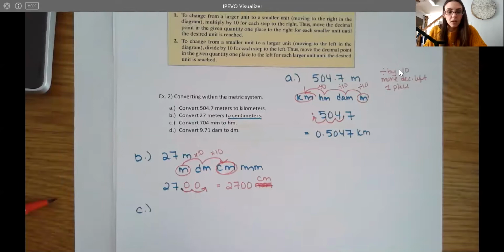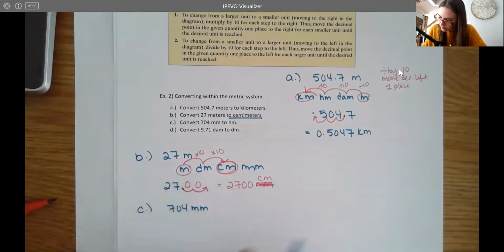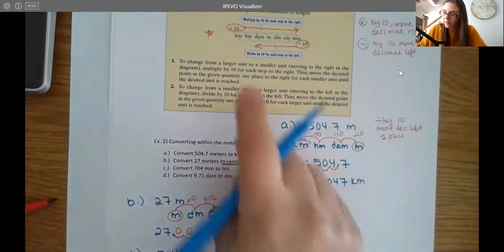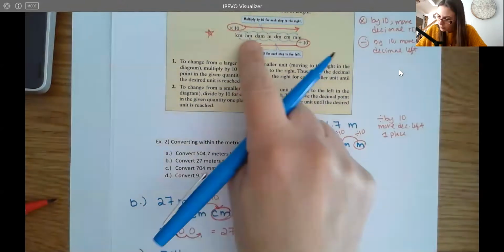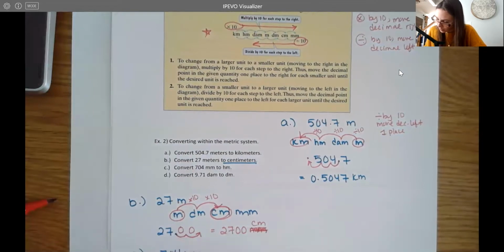Next, I'm going from 704 millimeters to hectometers. The big thing is to make sure you stay in order here. I need hectometers, then decameters, meters, decimeters, centimeters, and millimeters. I'm starting here and I'm going here, so I'm going 1, 2, 3, 4, 5 spots left.